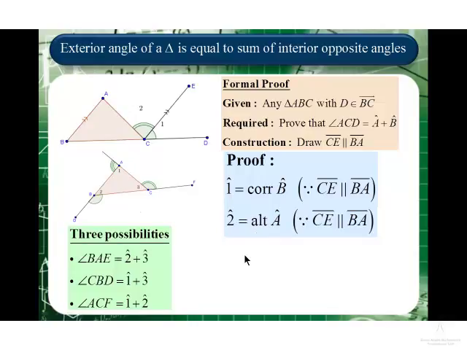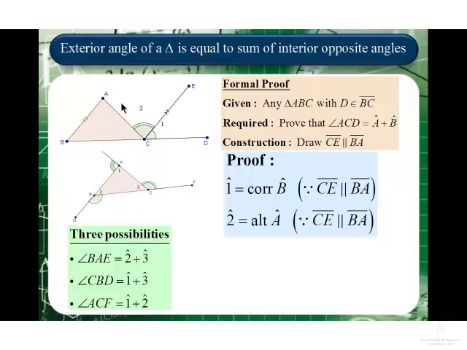The second part of the proof will be to look at the second angle as a result of the construction of the line segment CE. The angle 2 in this case will be the same as angle A. Now why is that? Remember, we had the concept of alternate angles.